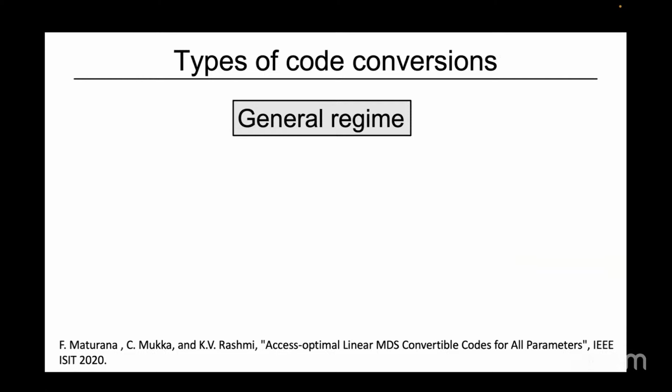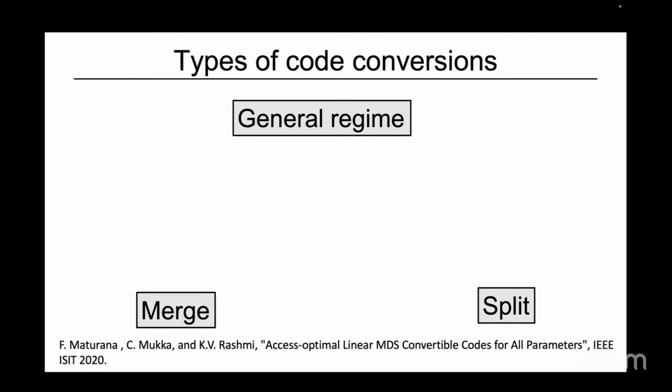And in terms of conversions, the holy grail, of course, is to do general conversions. That is, given any NI, KI, you want to go to any NF, KF. But it has been fruitful to break this down and consider more tractable building blocks and then build up towards this general regime. So the building blocks that have been fruitful to consider so far have been merge and split, where merge is you take multiple code words and merge them into one code word.